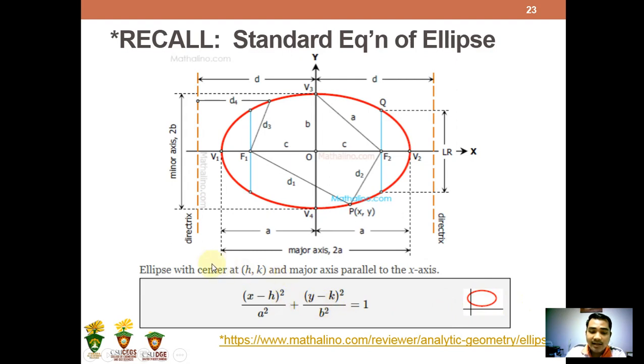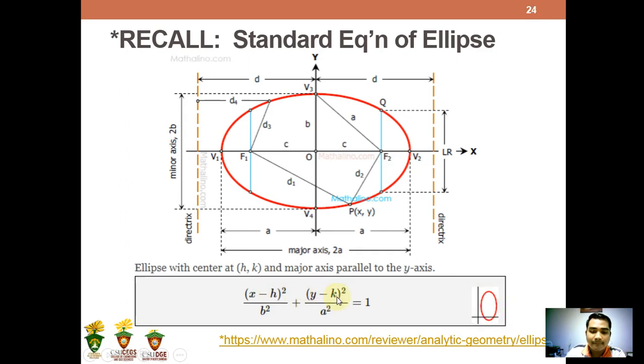Again, ang iyahang center is somewhere h and k. Mao ni ang mga values sa center, h ang x, k ang y. And this is an ellipse with the center h, k and major axis parallel to y-axis. Y-axis na po siya, but the center is not in the origin. It's somewhere h, k.